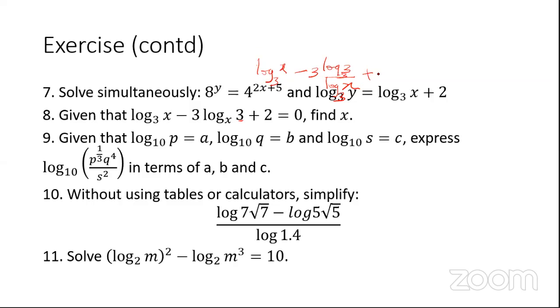So plus 2 equals 0. Now you can see there is no rule that tells us how to deal with something of this nature, logarithm divided by logarithm. The rule that we know is just for logarithm plus logarithm or logarithm minus logarithm. There's no rule that talks about logarithm divided by logarithm.